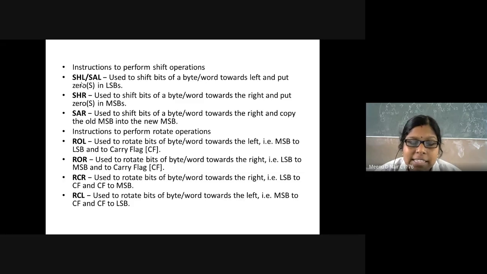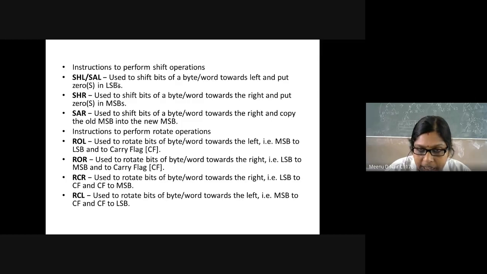If you are giving SHL to AX, suppose you are giving a command like that, what is happening? All the bits are moving left. What is happening at the LSB? The last bit D7 is not coming back to D0. That is the thing.